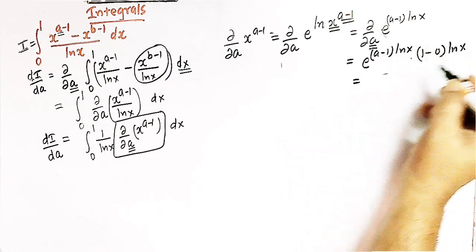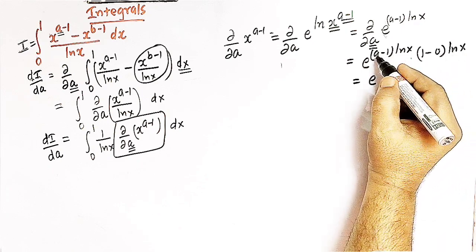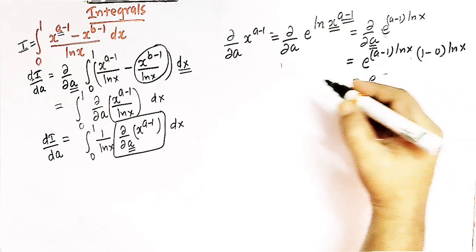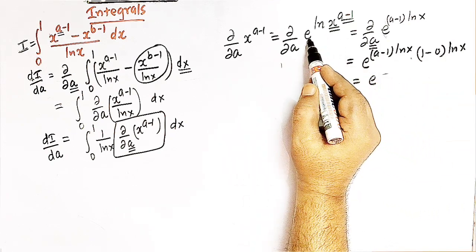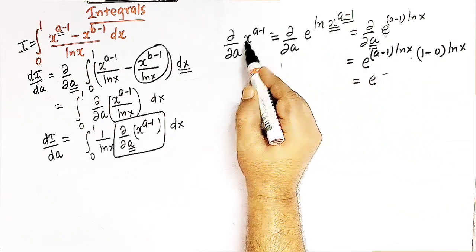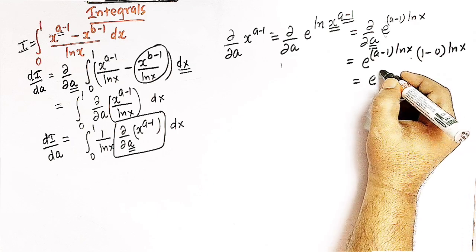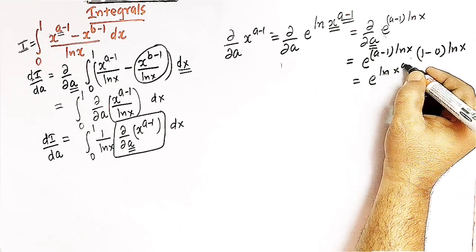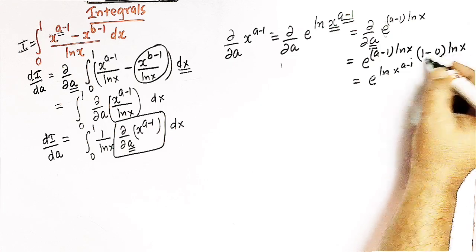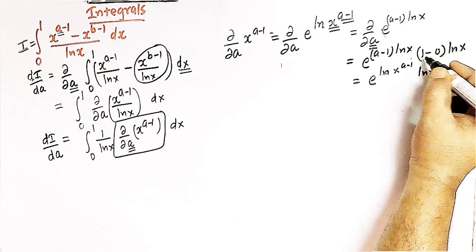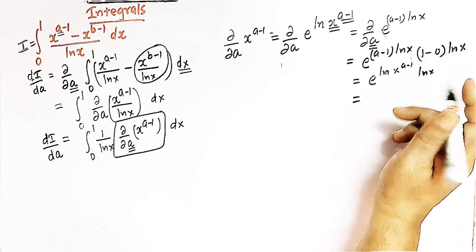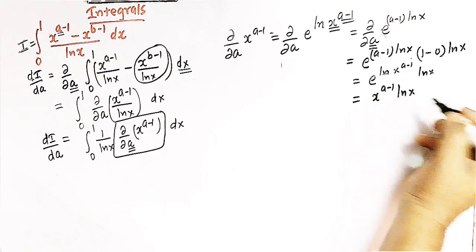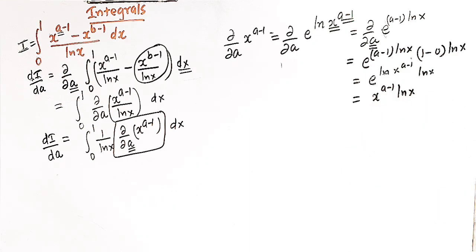So we have simply here e raised to a minus 1 times natural log of x can be written as simply this term, that is x raised to a minus 1. So we can now write again natural log of x raised to a minus 1, and here we have natural log of x, and this term is simply x raised to a minus 1 times natural log of x.